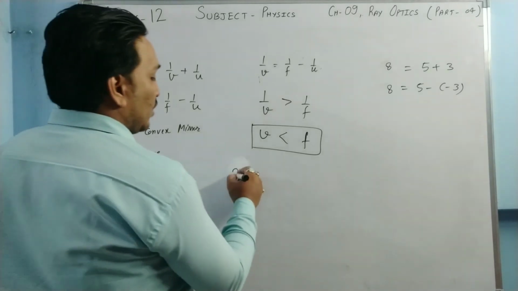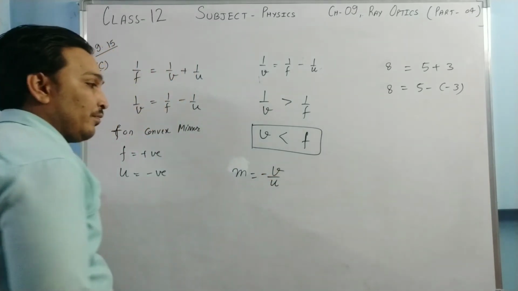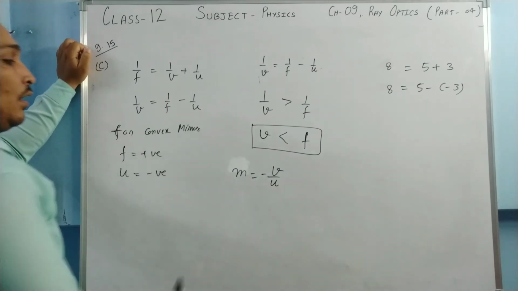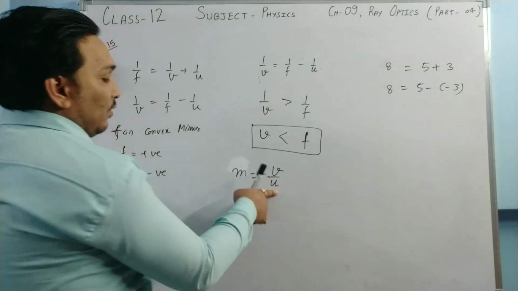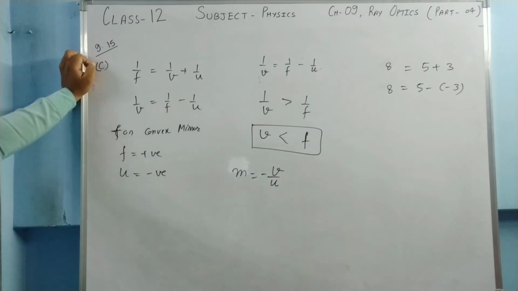So if image is diminished, let us see. Now magnification, which is given by minus v upon u. Okay. Now just see that u is negative and v is positive.